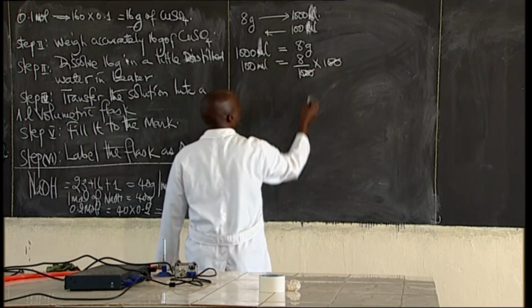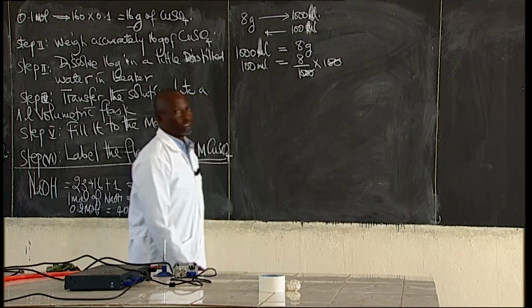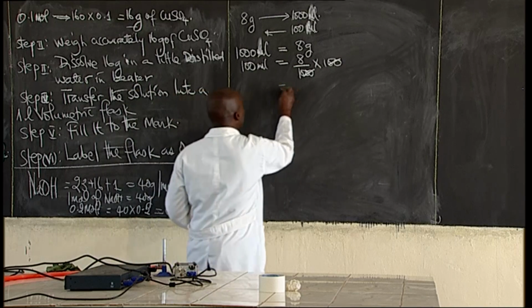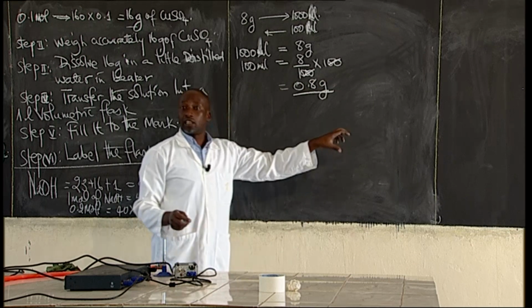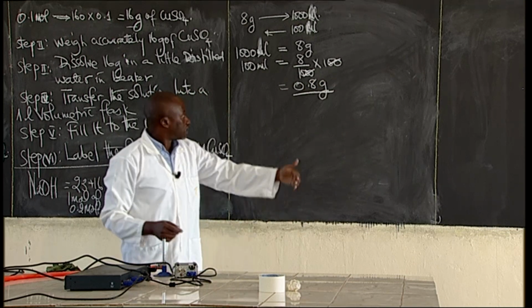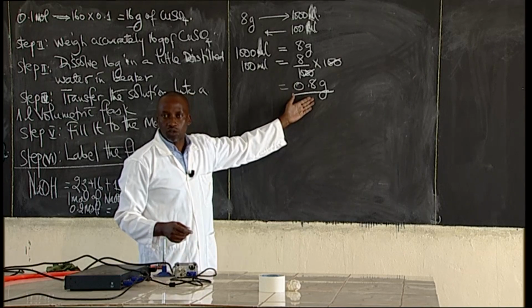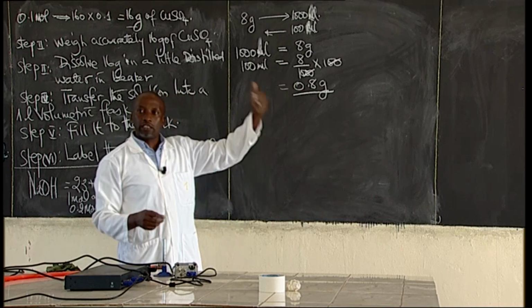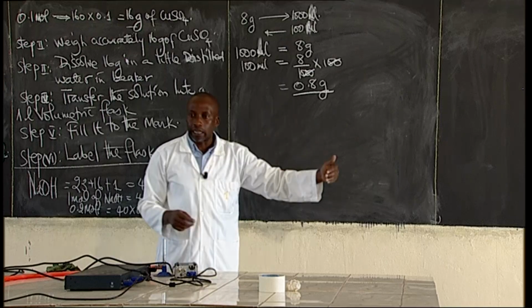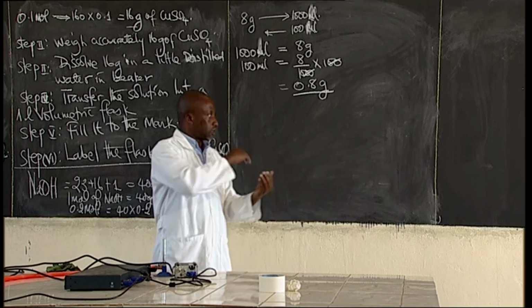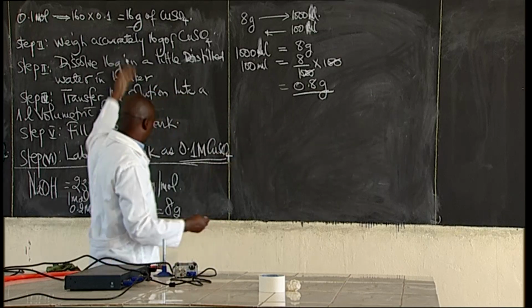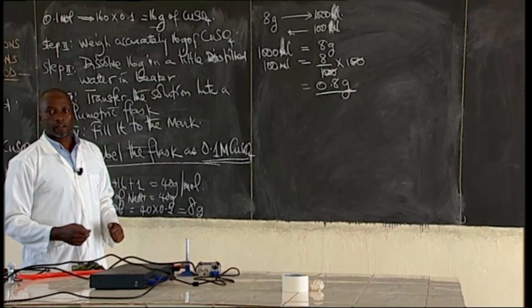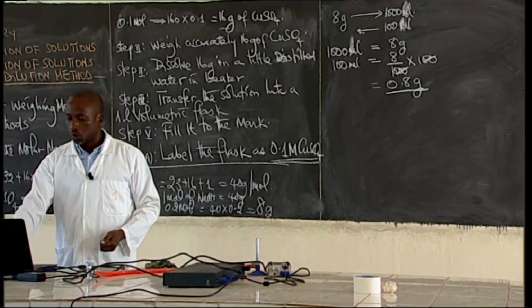You divide by 10, that is 0.8. So you'll have 0.8 grams. You weigh this, then transfer it into a 100 milliliter flask with water. Dissolve it, and then follow the steps. So that is how we are supposed to do it.